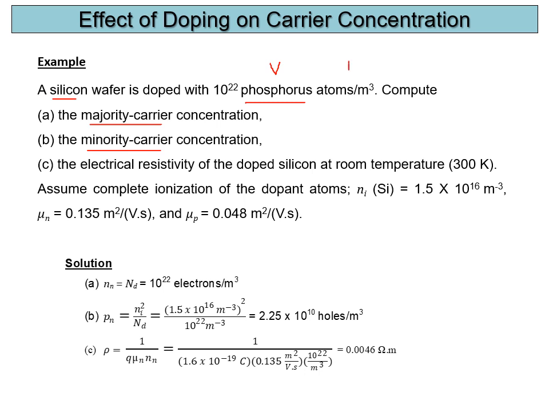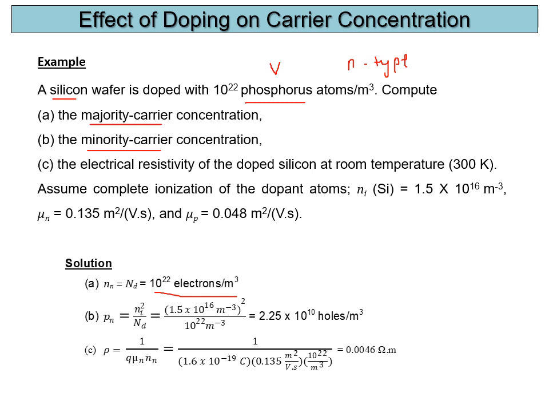So this is an N-type semiconductor. For N-type, nn equals Nd, so your majority carrier concentration is equal to 10 to the power of 22 electrons per meter cube.